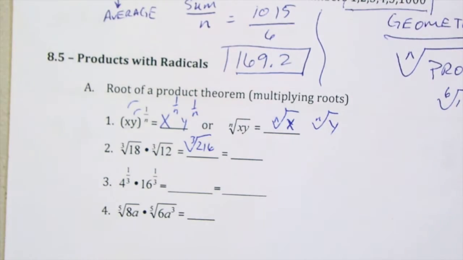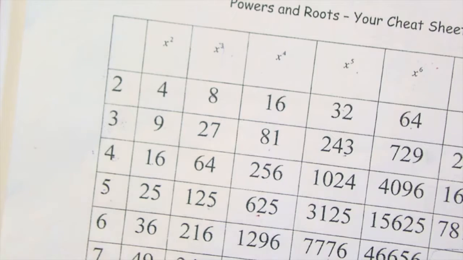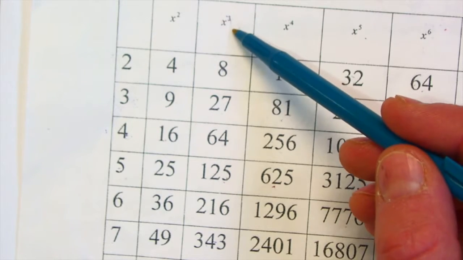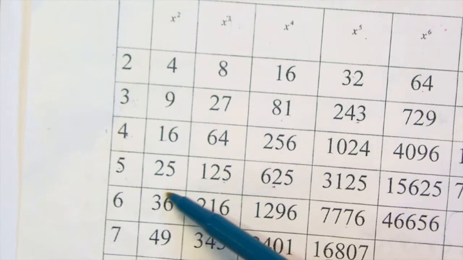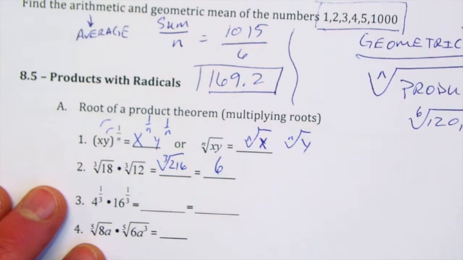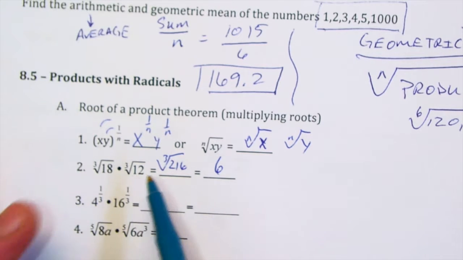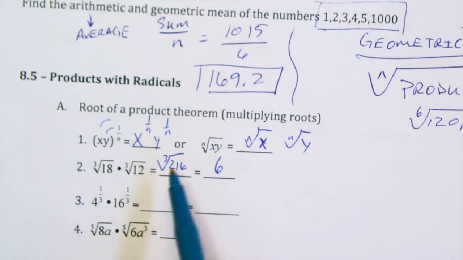And now I can go to my paper, your power card, hopefully you have it handy. If I want the cube root of 216, I can say, all right, the cube root of 216 is going to be 6, and you've got your answer. What's nice about that is that the cube root of 18 doesn't work nicely. The cube root of 12 does not work nicely. When you multiply them, it makes 216, and that does. So sometimes it's handy to multiply them together.